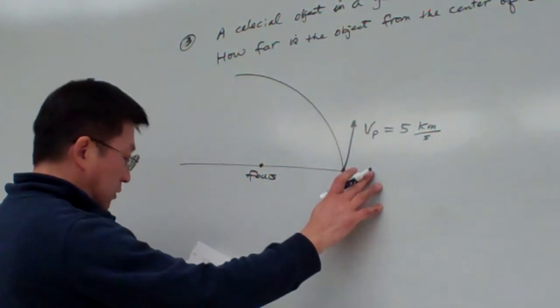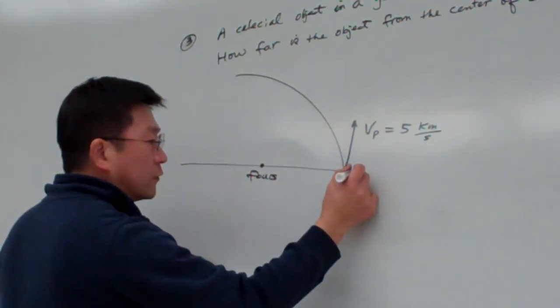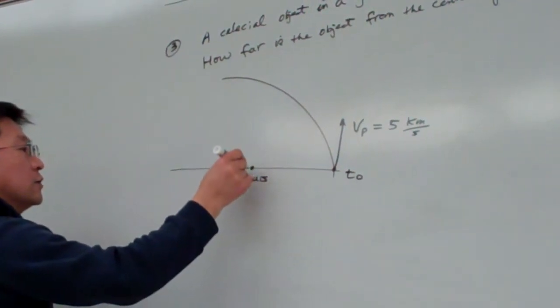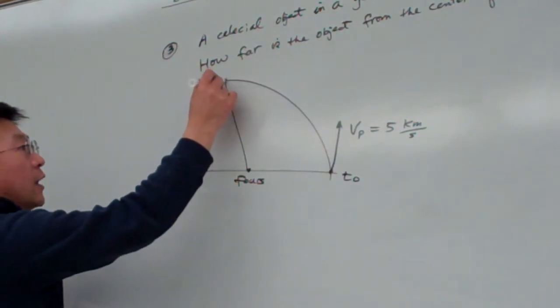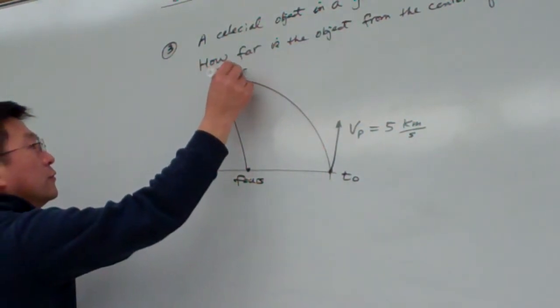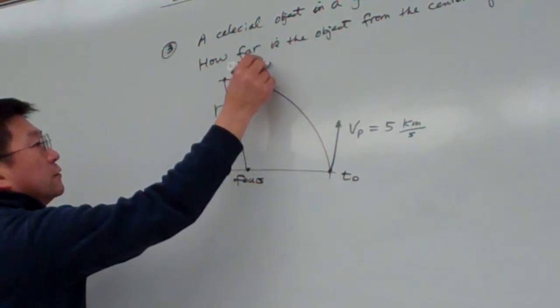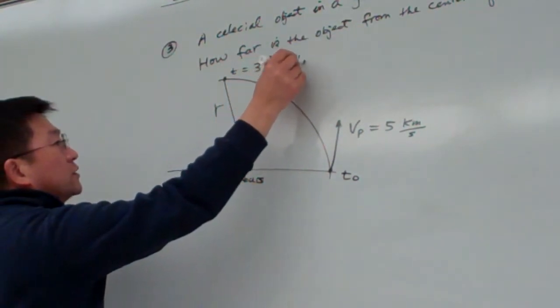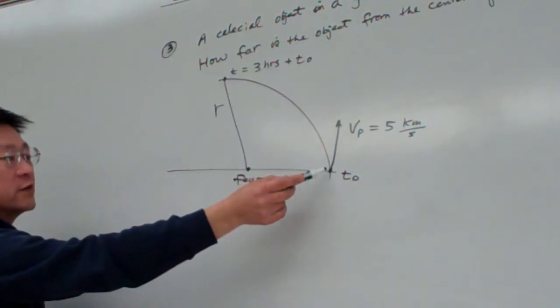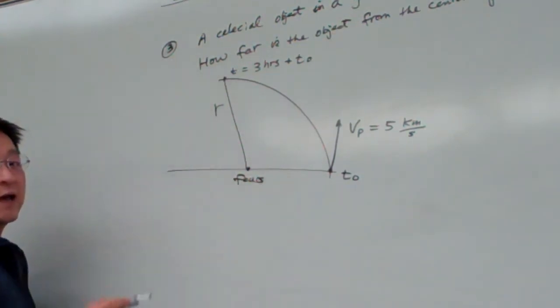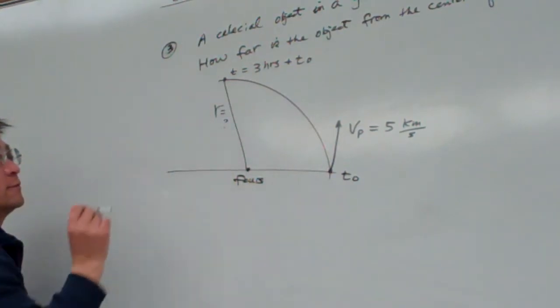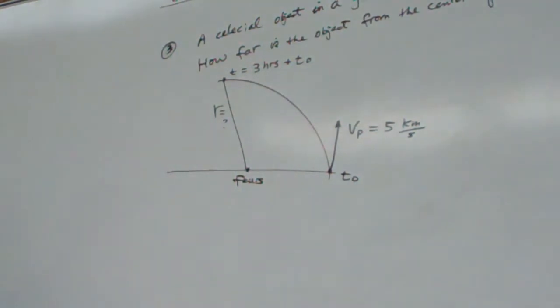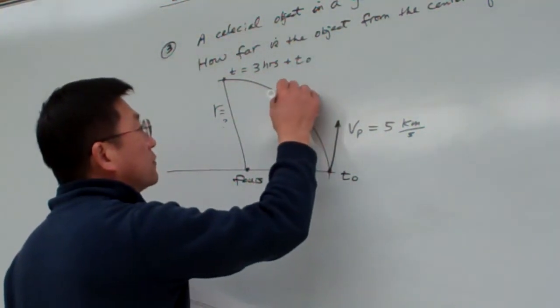And this is this time moment, so whatever, say t0. So now we want to determine what is the position R at time equal to 3 hours plus t0. So that means the traveling time from perigee to here is exactly 3 hours. And we want to determine what is R. Okay, so that's the problem statement for this. And this one is a parabolic orbit.